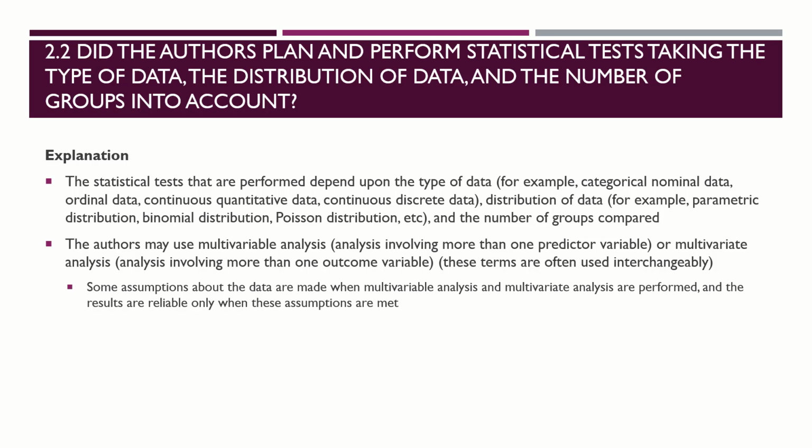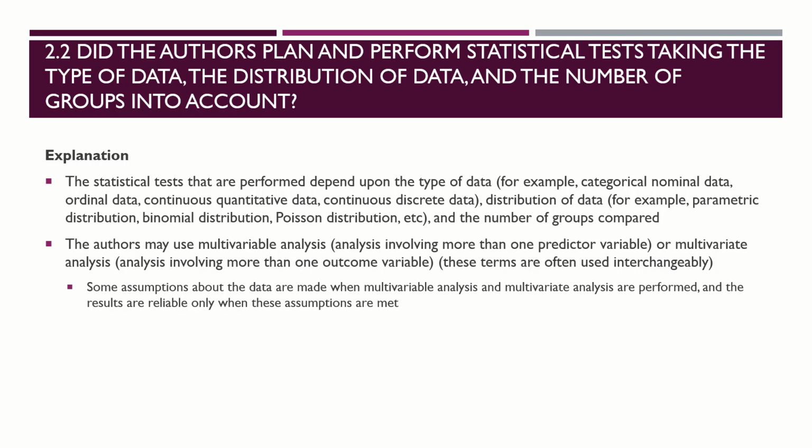For example, categorical nominal data or ordinal data and so on. So there are different types of data, and the statistical tests actually depend upon the type of data, distribution of data. For example, is it parametric distribution, binomial distribution, and so on, and the number of groups compared.